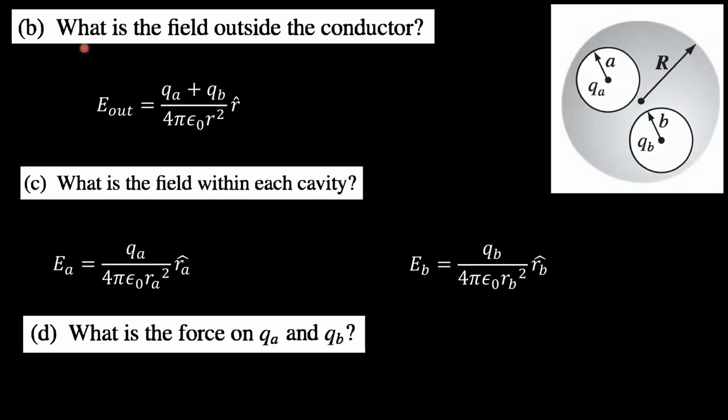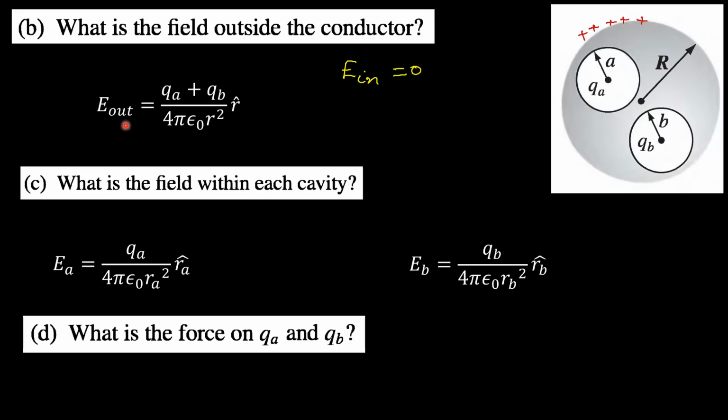Part b asks: what is the field outside the conductor? We know the field inside the conducting sphere is 0. Outside, you have the induced positive charge on the surface, equal to Qa plus Qb, which we have seen in part a.